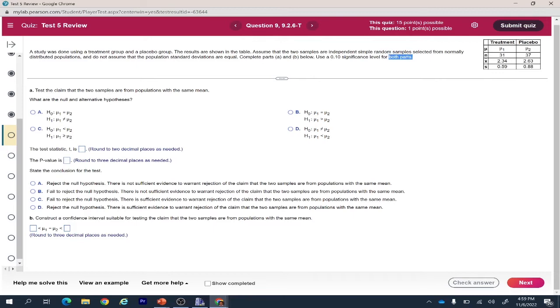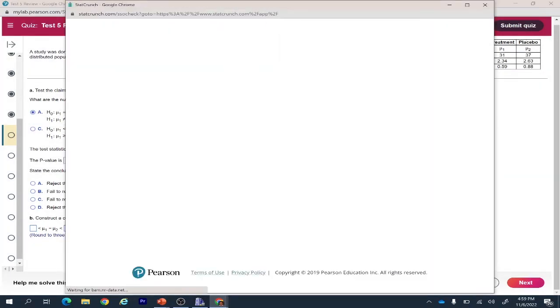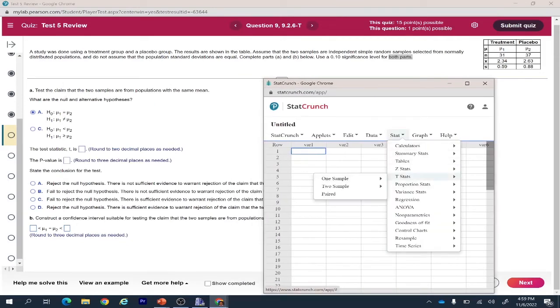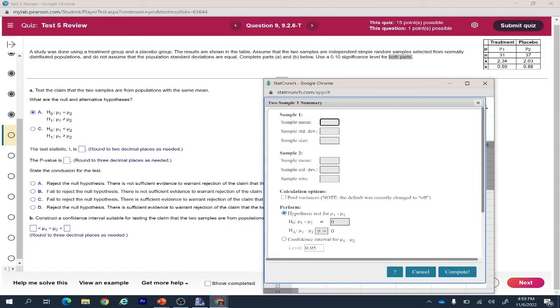What are the null and alternative hypotheses? Test the claim that the 2 samples are from the same population. So that means the null hypothesis would be that the 2 means are equal and the alternative would be not equal. Okay, and for finding the test statistic, we can use StatCrunch. We can go to t-test, with 2 samples with summary data, and use this information here. The sample mean for the first one is 2.34.